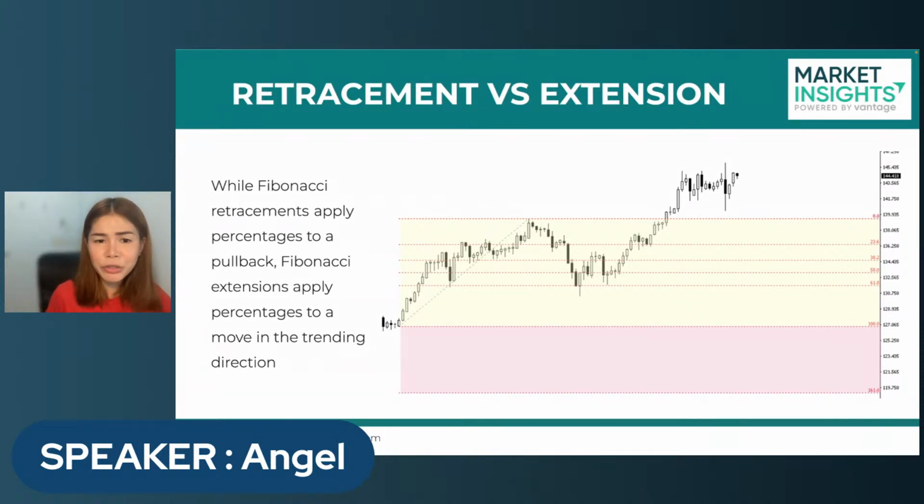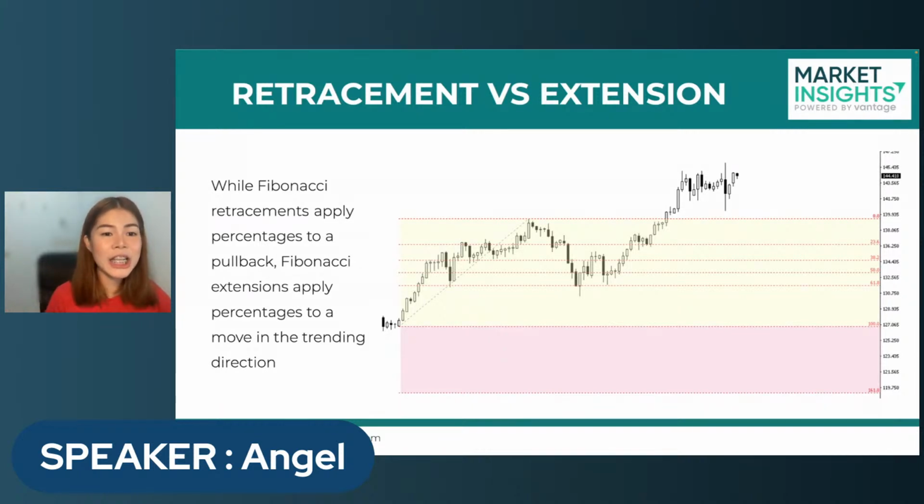The yellow area is for the retracement, so from 0 to 100%, those areas show us the retracement levels, whereas 100 to 161.8 shows us the extension levels.